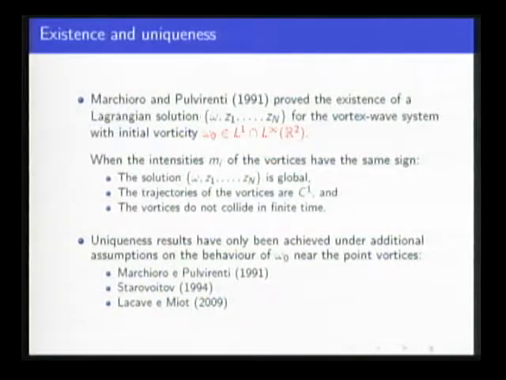I will not talk a lot about the existence and uniqueness results because Milton will be talking about the vortex-wave system in more detail this afternoon. I just want to point out that Marchioro and Pulvirenti in 1991 proved the existence of Lagrangian solutions for the vortex-wave system when they imposed that the initial condition omega 0 belongs to L1 intersect L infinity.